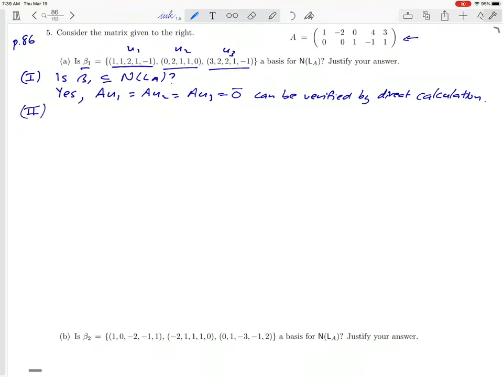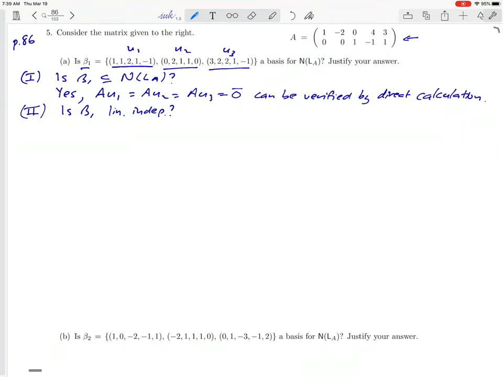Okay, next question would be thinking about the properties that any basis has to have. So for beta 1 to have any chance of being a basis, it has to be linearly independent. So that would be our next question. Is beta 1 linearly independent? Okay, well, we know how to answer that question as well.